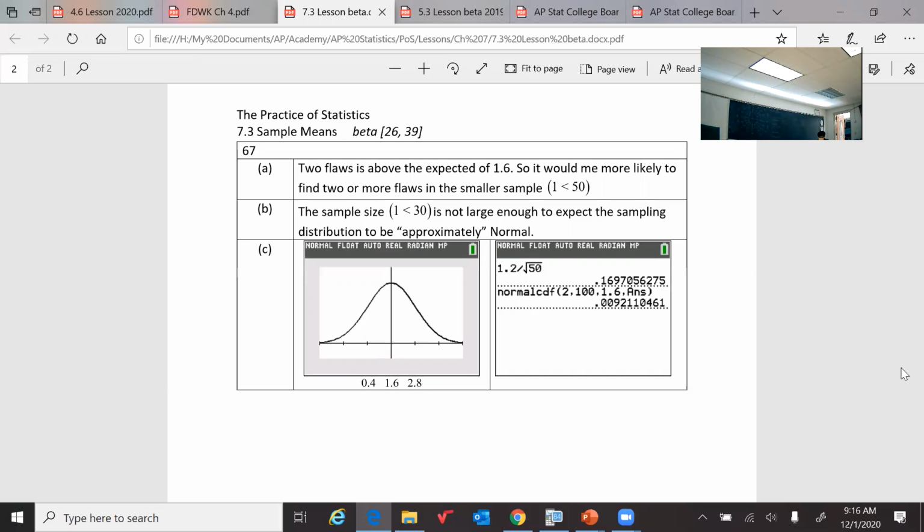B asks, what's the matter with the first one? Well, one's not big enough for this to be approximately normal. And then C asks about the second event. So the second event is, the step was 1.2 in the question. So if you had a sample size of 50, then the step would be this.